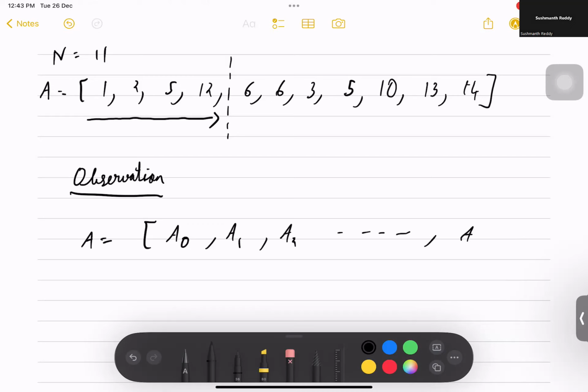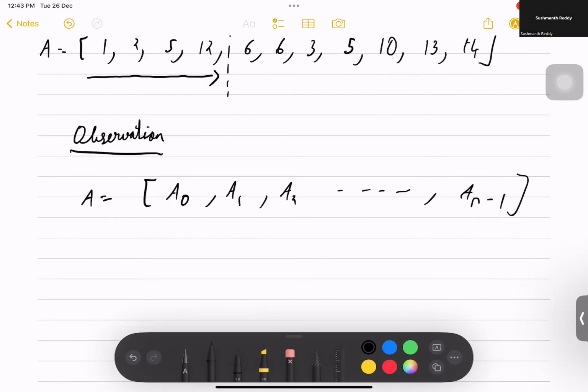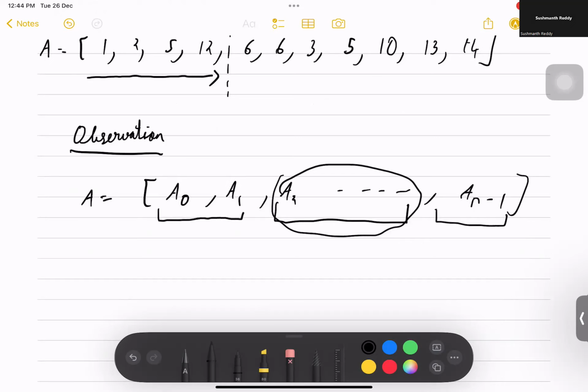Let me write it in terms of a values, until a minus 1. What happens when I remove a subarray from this? We can observe that if we remove a subarray of starting index L and ending index R, then that particular subpart gets removed away, and some part of the prefix and some part of the suffix of the array will get concatenated, right?